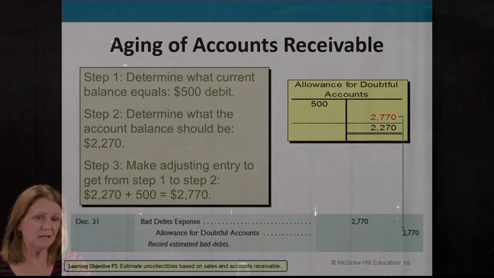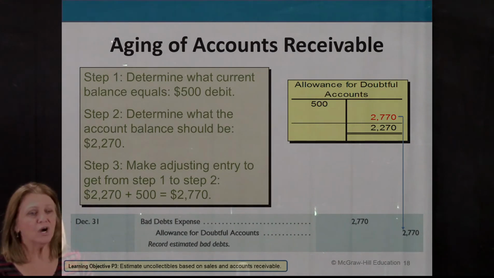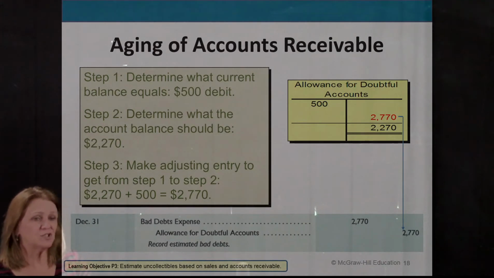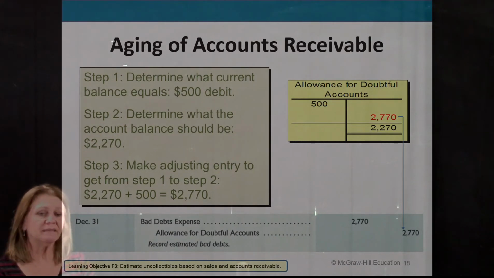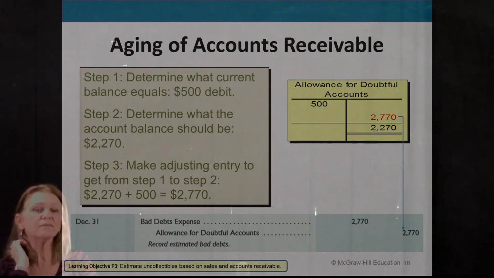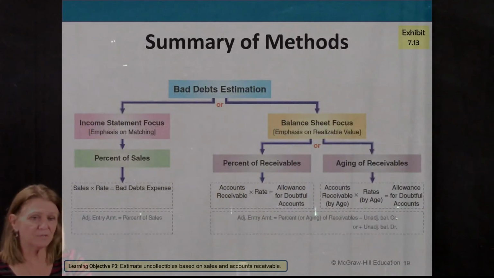There can come a time when in the past you have overcalculated what your bad debt expense was, and in that case you would have a debit balance instead of a credit balance, and then you would have to overcompensate to get to the $2,270 that the aging of accounts receivable showed that you should have in the account.